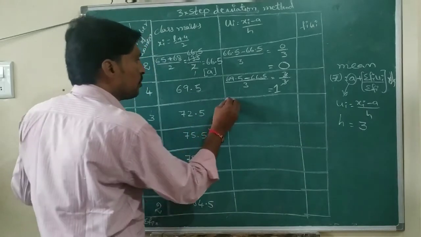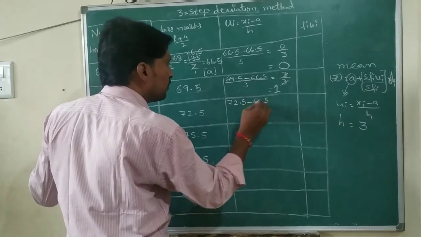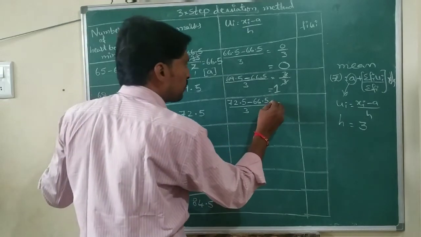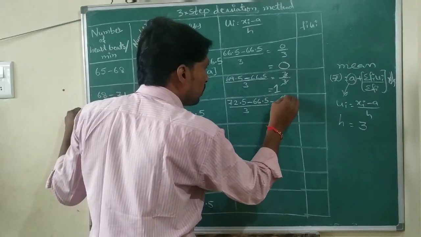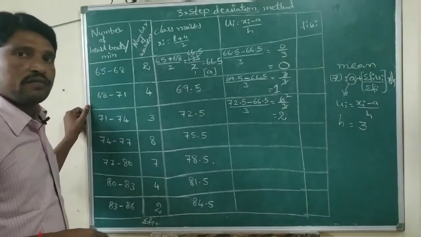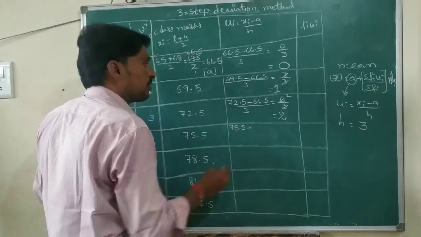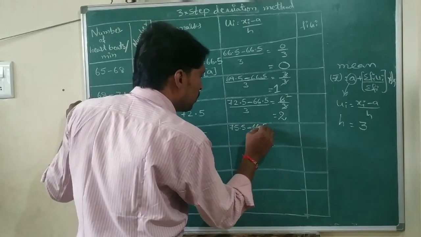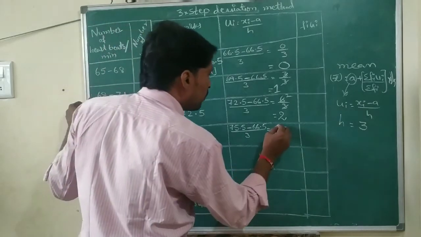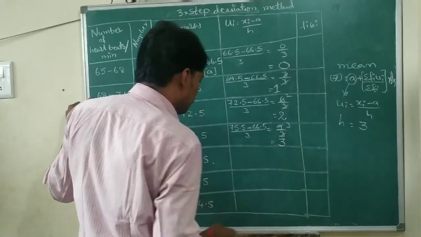Next class mark is 72.5 minus 66.5 by 3. 72.5 minus 66.5 is 6 by 3, so we are getting 2. Next class mark 75.5: 75.5 minus 66.5 is 9 by 3, that is 3.